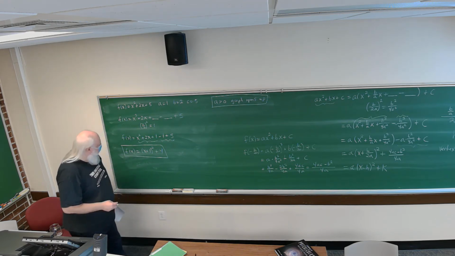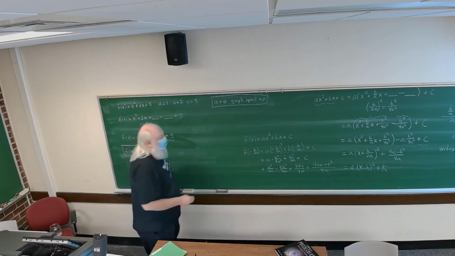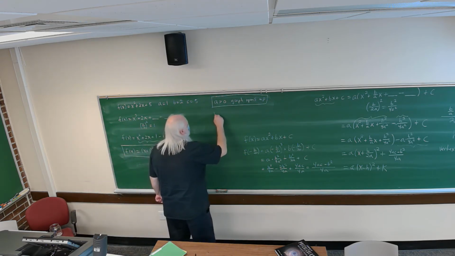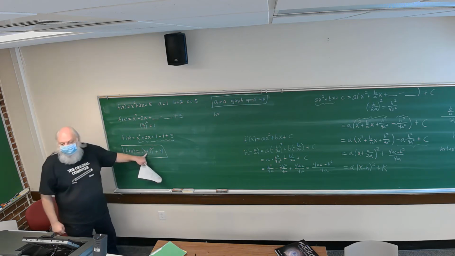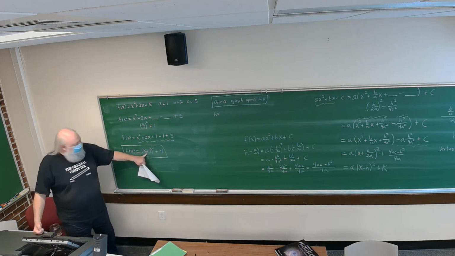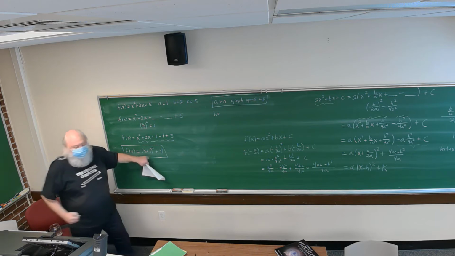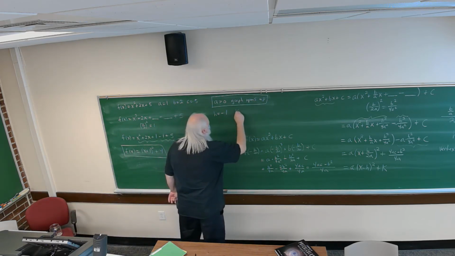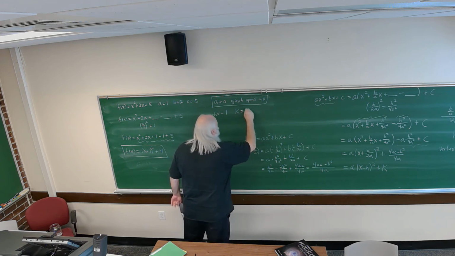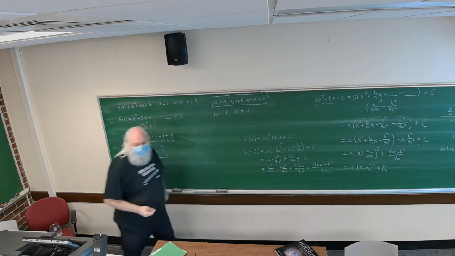Where's the vertex? Well, what's h equal to in this case? Negative 1. Just like with putting a circle in standard form, you got to change the sign of the number. So h is equal to negative 1. K, you don't change the sign, you leave it alone.